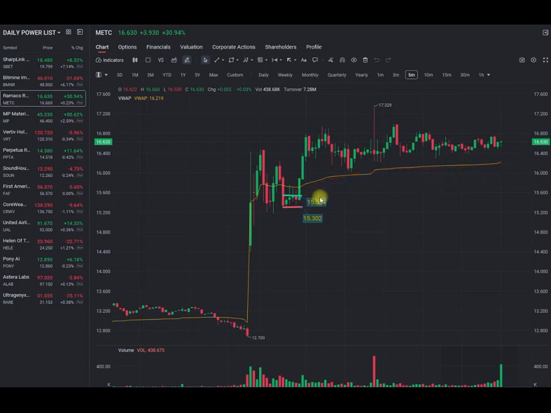How much is it? 4%. And in this case, it ends up closing at 16.60, another 2%. So this whole move is basically 6%. And the risk was 2% or 1.5%. So that's 1 to 4.